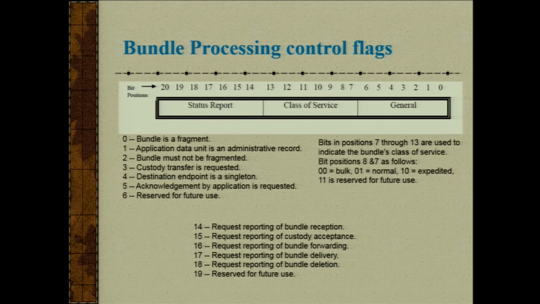It will give different priorities: bulk, normal, expedited. These are the different priority levels defined. The acknowledgement mechanism is also controlled by a few bits here: whether after bundle reception an acknowledgement will be sent, after custody acceptance an acknowledgement will be sent, and for bundle forwarding, bundle delivery, bundle deletion. For all this, whether an acknowledgement is required or not, these bits will be defined.